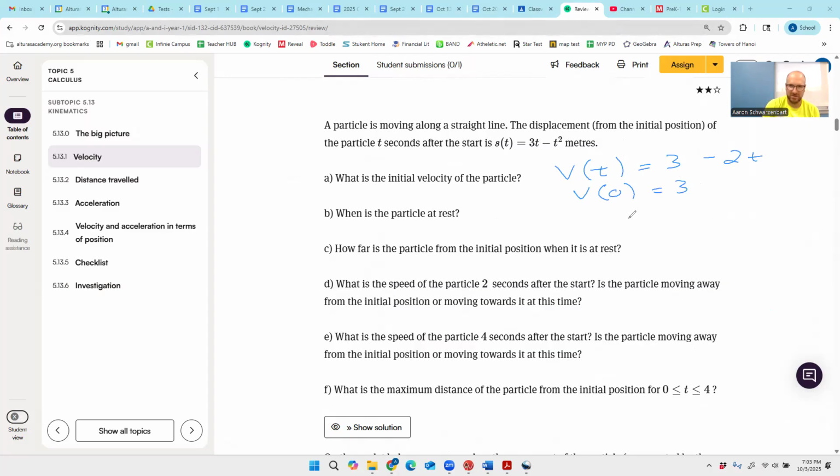When is the particle at rest? If a particle is at rest, that means its velocity is 0. That gives us t equals 1.5 seconds.